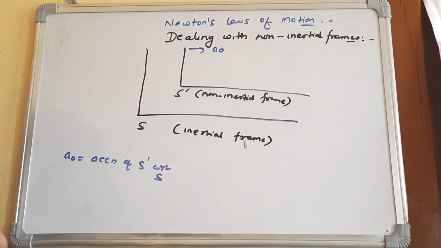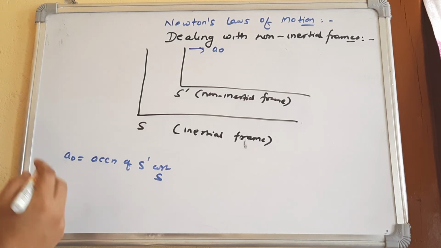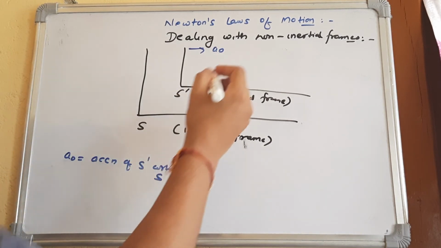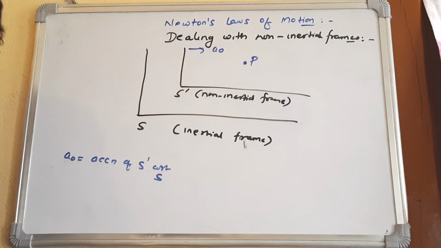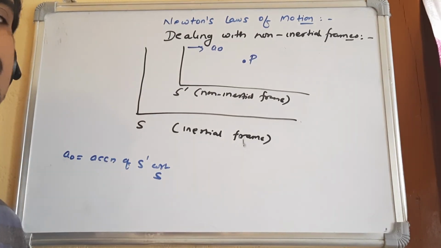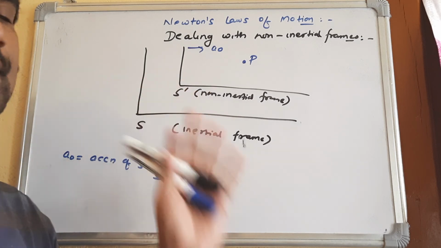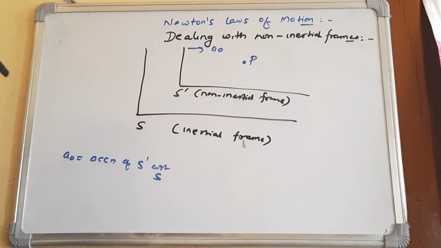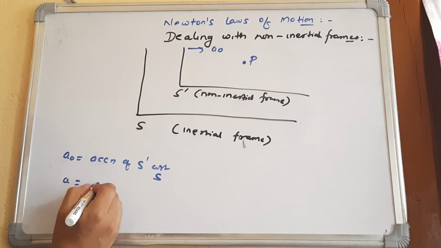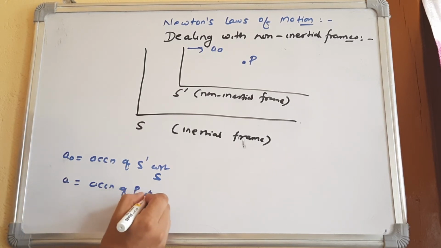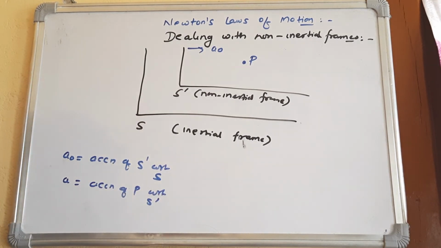Let's say there is a particle here. Now we will discuss this particular particle. So let's say this particle P, which exists in this non-inertial frame, has acceleration A. So acceleration A is the acceleration of P with respect to S dash.